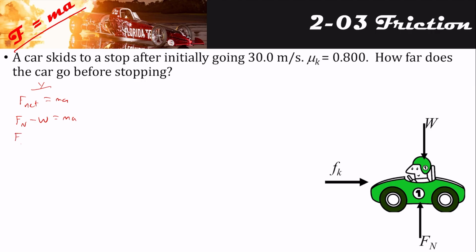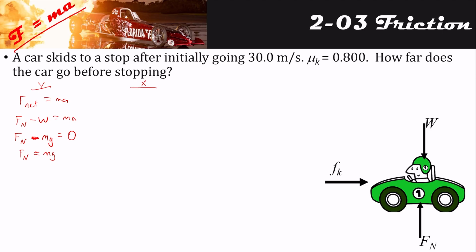And our weight was found with mg. Oh, but what is the acceleration in the y? In the y direction, the car is not accelerating. It is not flying up into the sky. It is not sinking down into the road. So in this case, our normal force equals the weight.